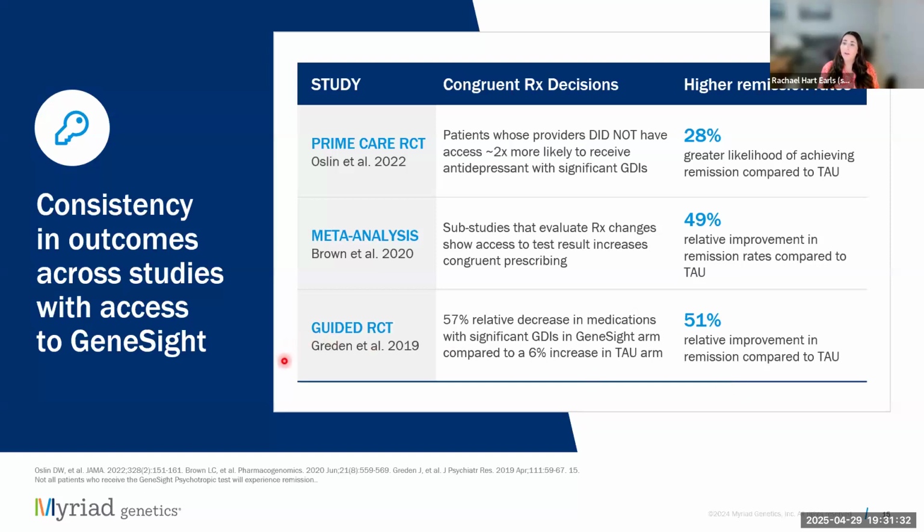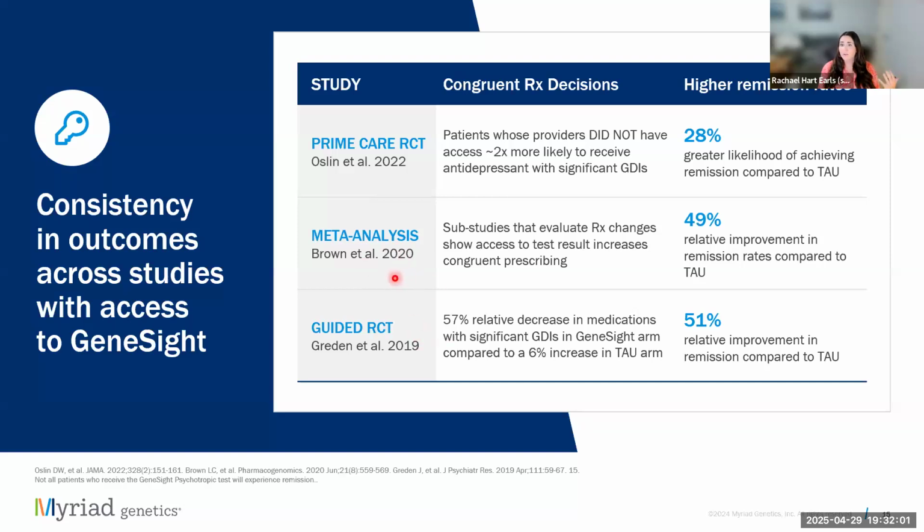And it's important to know that in these two largest trials, it is only the GeneSight test being used. It is not other competitor products. So it's really important to understand that. More recently, the largest pharmacogenomic clinical trial in mental health, which was conducted fully by the VAs across the United States and was government funded, also showed a 28% greater likelihood of achieving remission when GeneSight was used compared to treatment as usual.